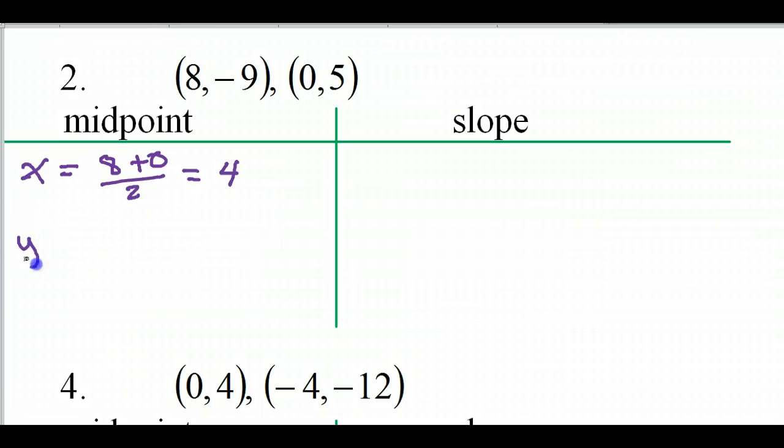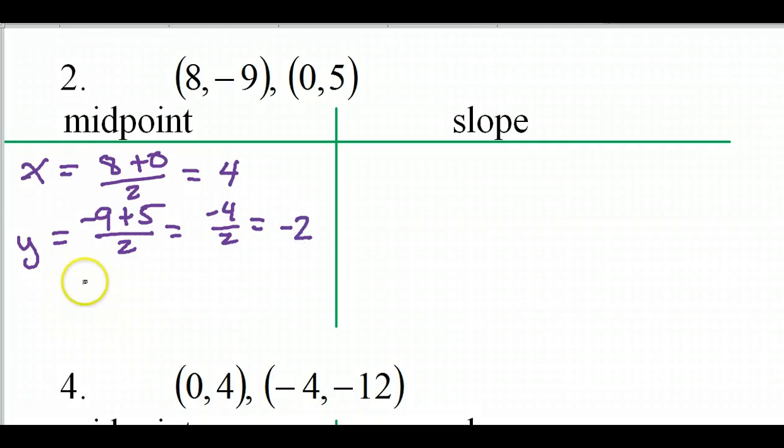To find the y value, I'm going to do the average of the y values. So negative 9 plus 5 divided by 2. That's negative 4 divided by 2, which is negative 2. So the midpoint will be (4, negative 2).